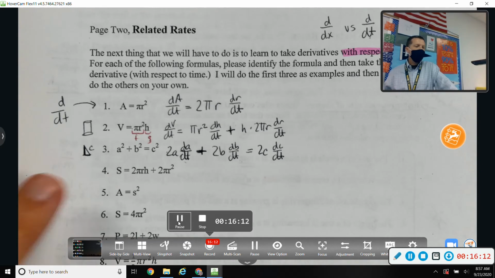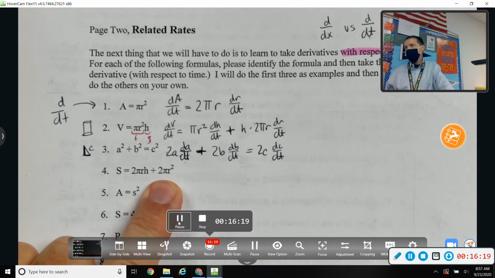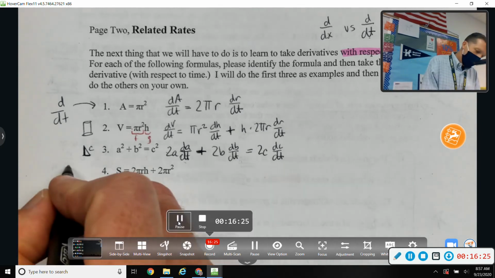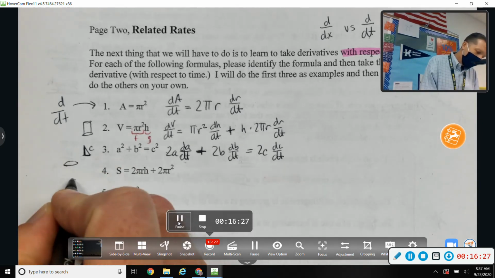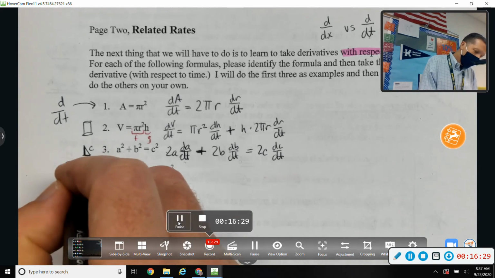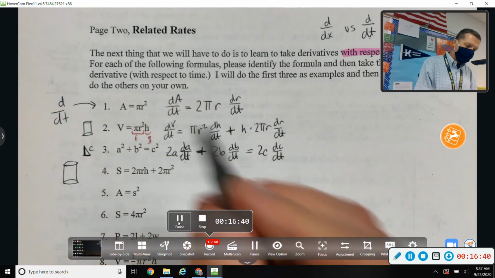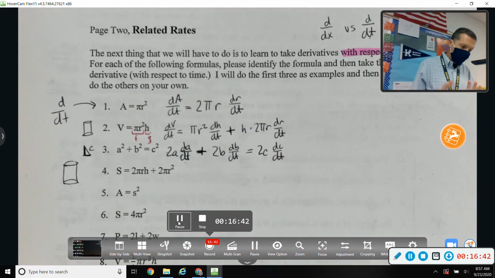S, we've seen S already, so surface area. 2 pi r squared, that's like 2 circles, plus some other stuff, so that's the surface area of a cylinder. You're not going to have to know most of these. You definitely won't have to know that one. Some of the basic stuff you'll have to know, like area of a circle, easy stuff.